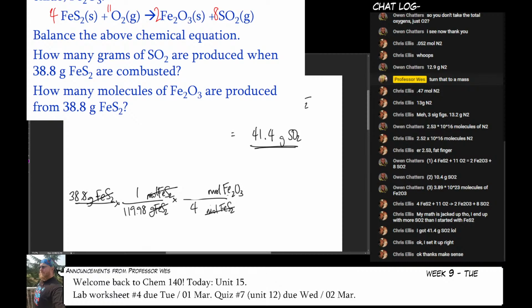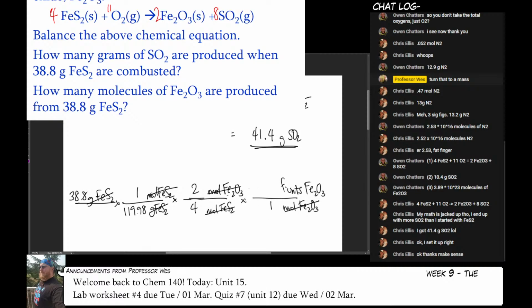And then for every 4 moles of FeS2 I put in, I get 2 moles of Fe2O3 out. And we'll just write formula units, or funits, because it's ionic, right? So we want to have formula units.